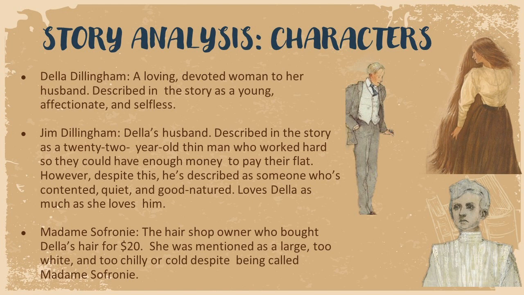However, despite this, he's described as someone who's contented, quiet, and good-natured. Loves Delia as much as she loves him. We also have Madame Sofroni, the hair shop owner who bought Delia's hair for $20. She was described as large, too white, and too chilly or cold despite being called Madame Sofroni.